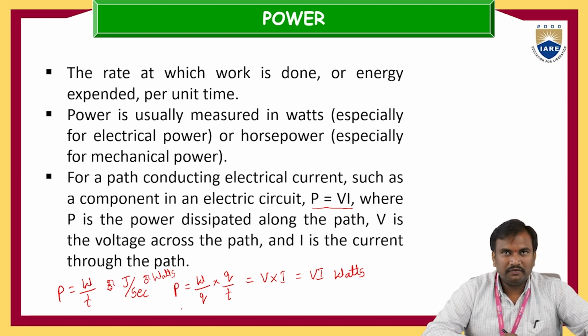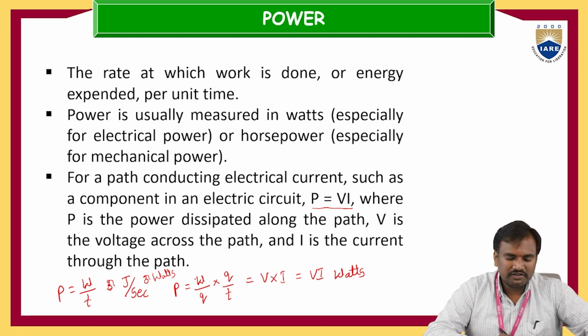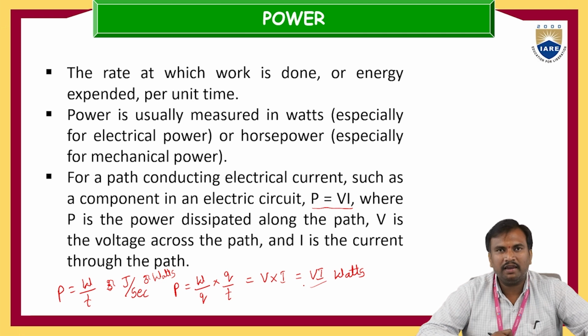P equals W by T, and dividing and multiplying by Q, that is W by Q into Q by T. W by Q, energy per unit charge, is voltage V, and Q by T, charge per unit time, is current I. So power equals VI watts.